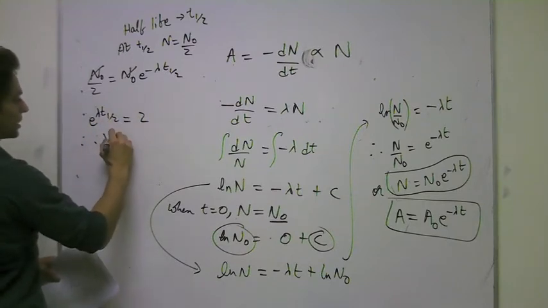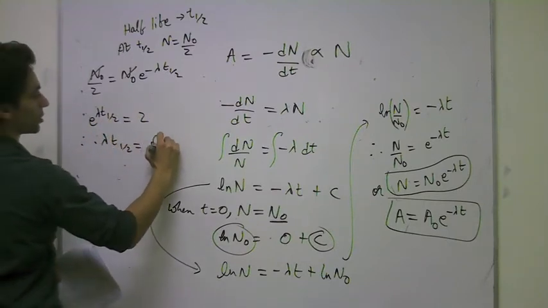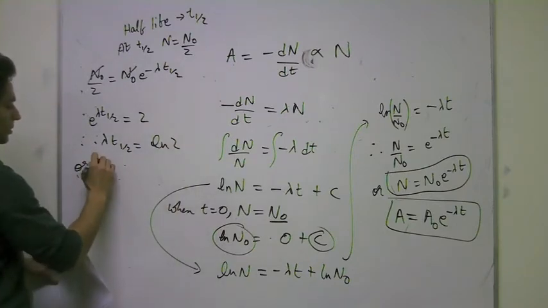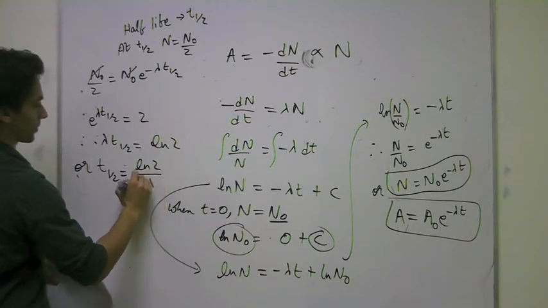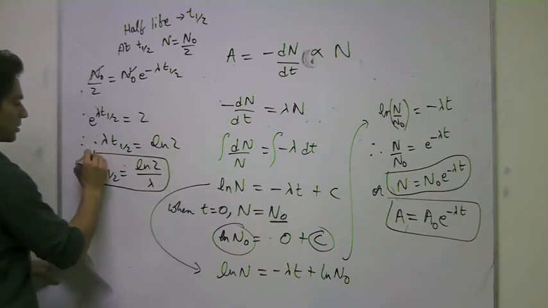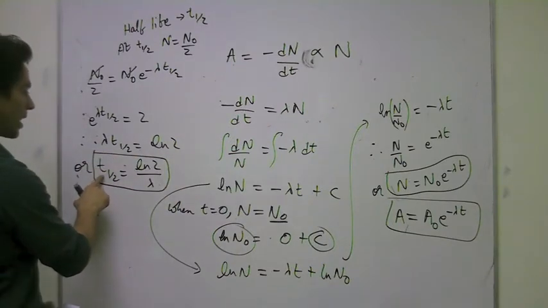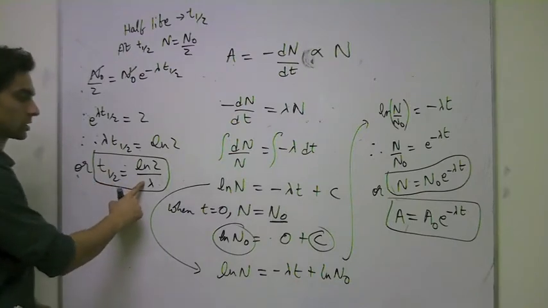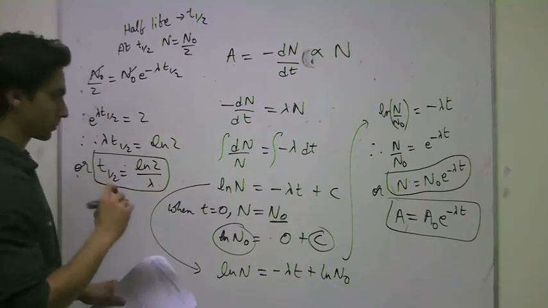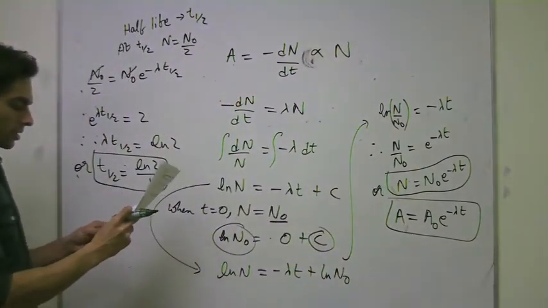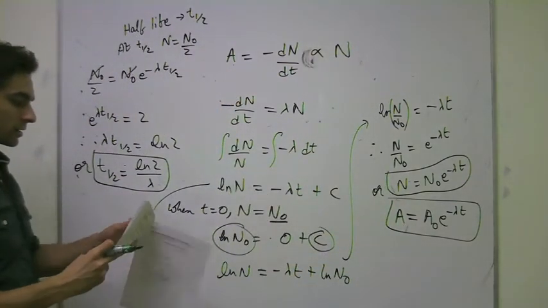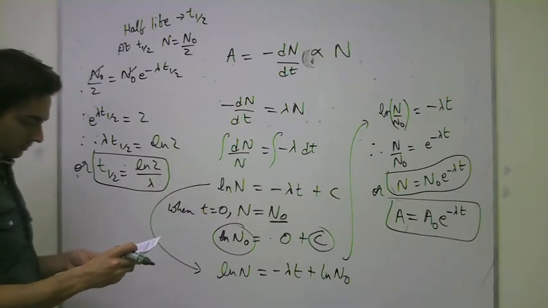Therefore, lambda t half equals ln 2, or t half equals ln 2 by lambda. This is how students should be able to calculate the half-life given the decay constant or the converse. So these three equations are going to be mostly used for most of the numericals in the examinations.